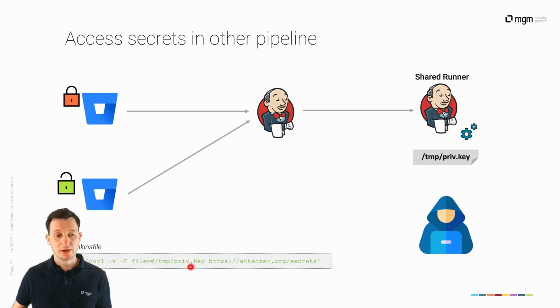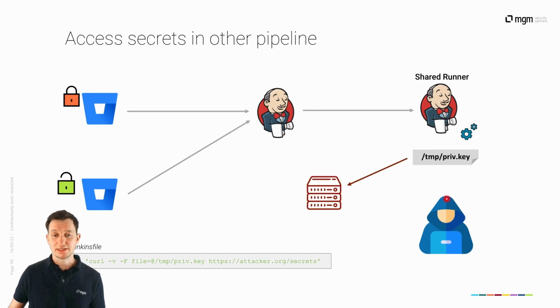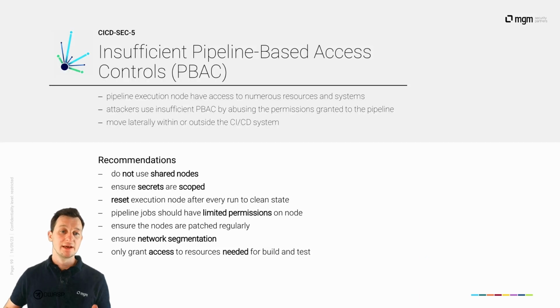And when you have some luck, then this build is running on the shared runner, so the same runner, and all the resources that are globally on this runner can be accessed by this adversary then. And then in the best case, this private key, this secret, is sent to the adversary, and we can sum this up as insufficient pipeline-based access control.